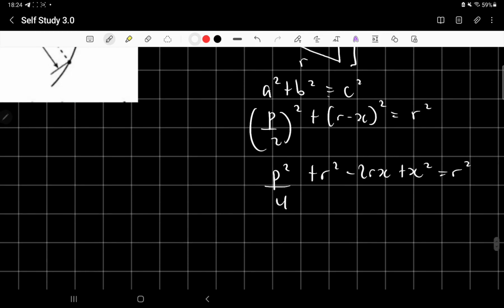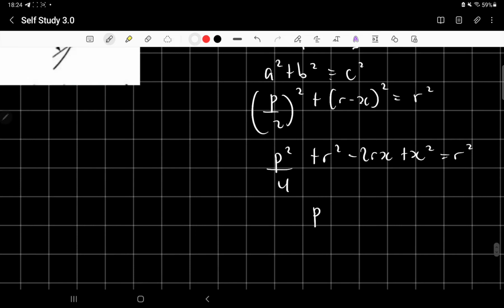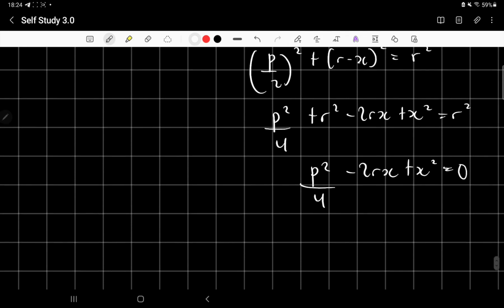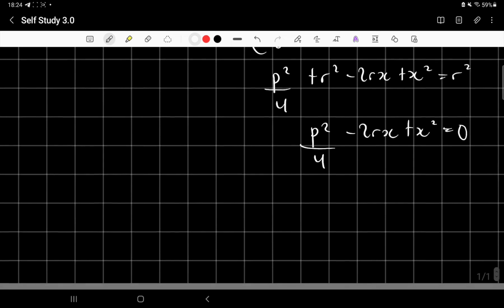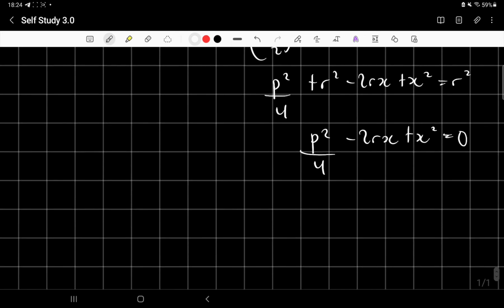Now let's take away r squared from both sides. So you get p squared over 4 minus 2rx plus x squared is equal to 0. Now, we want to derive the formula for r in terms of p and x, so any terms that have the variable r should be on one side of the equation. Let's add 2rx to both sides.